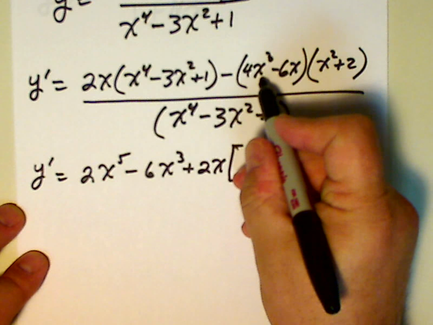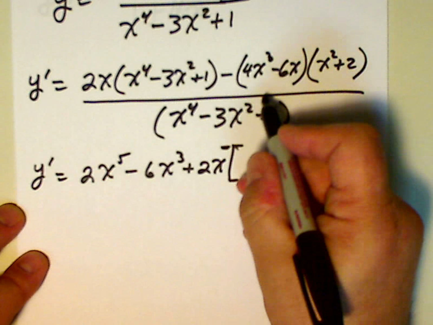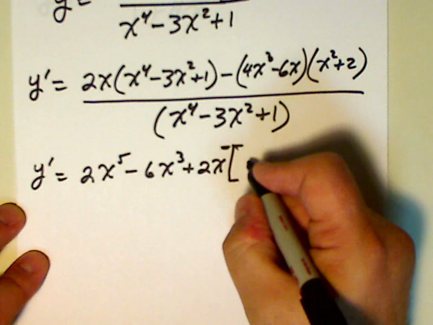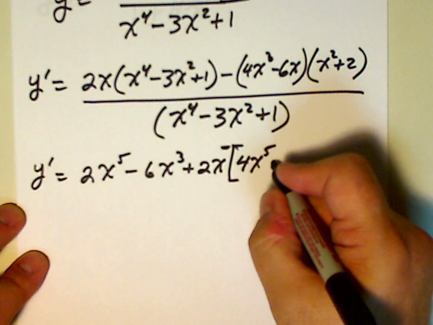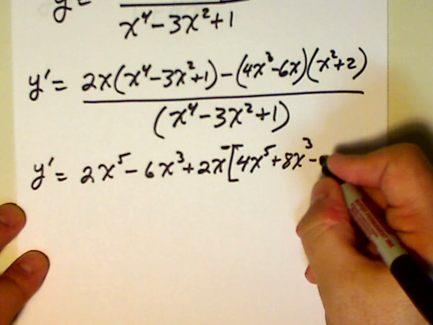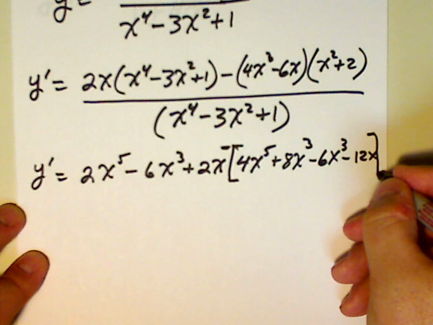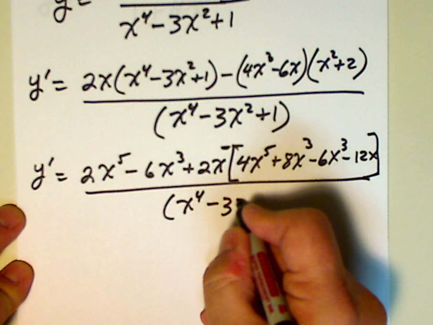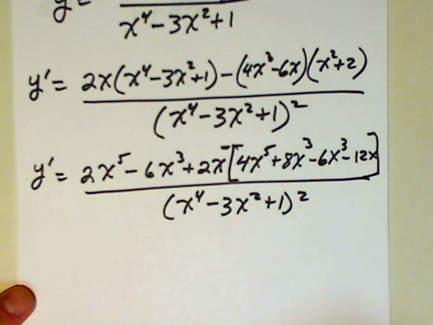Minus, and let's put a little minus sign in here, 4x cubed times x squared is 4x to the fifth, 2 times 4x cubed is plus 8x cubed, minus 6x cubed, minus 12x, all over the denominator squared, x to the fourth minus 3x squared plus 1. Forgot to put the square up there.